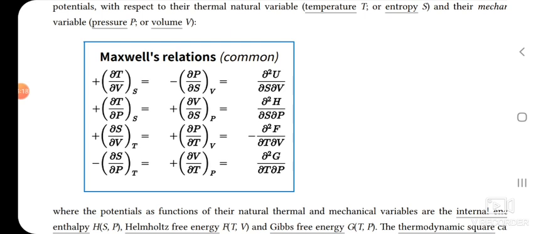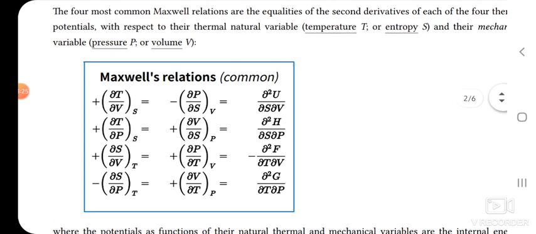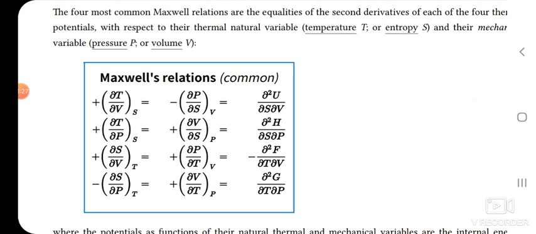where the potentials are functions of their natural thermal and mechanical variables. Internal energy U is a function of entropy and volume. Second one, enthalpy H is a function of S and P, meaning entropy and pressure.